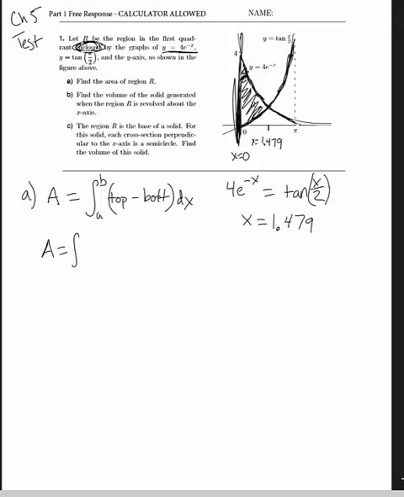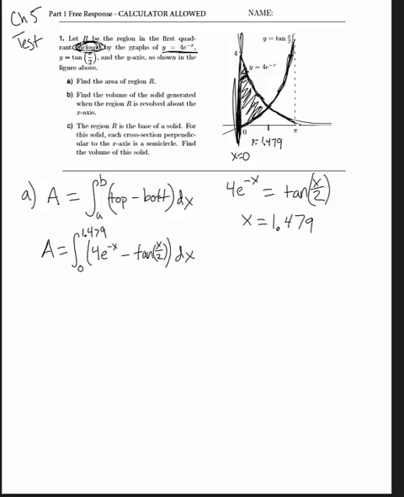So it's the integral from 0 to 1.479 of 4e to the negative x minus tangent of x divided by 2 dx. You could do this by hand, but I wouldn't want to since we do have a calculator.